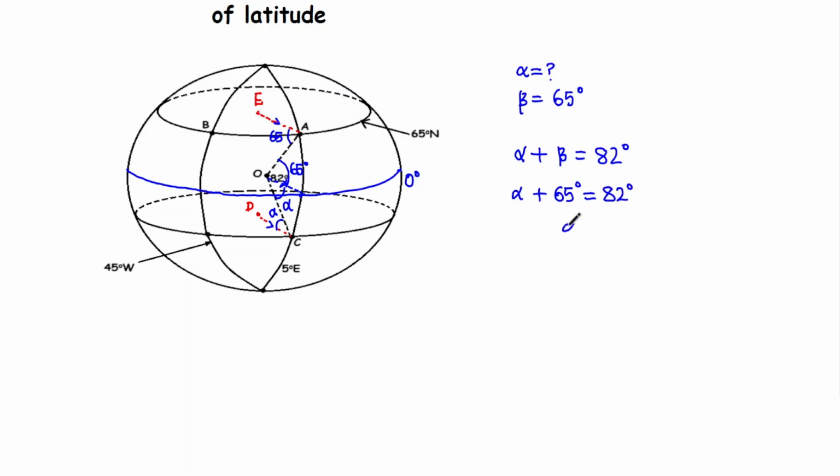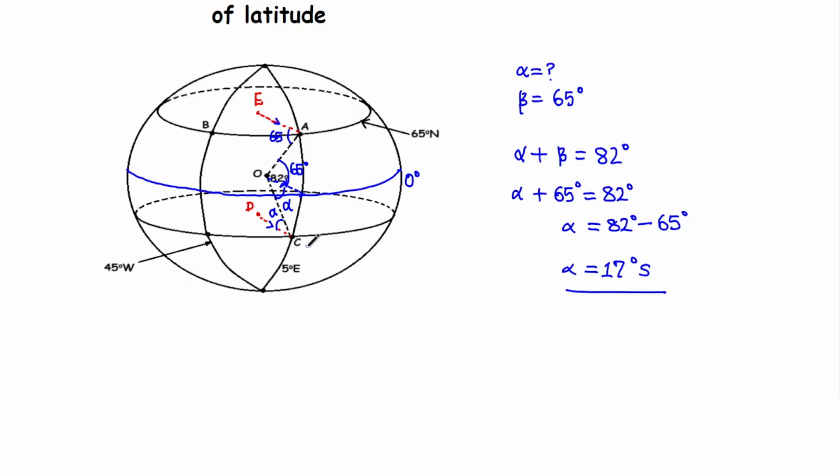So let's collect like terms, and alpha is given by 82 degrees minus 65 degrees. If I enter this into a calculator, I get 17 degrees. So alpha is just 17 degrees in the southern hemisphere.